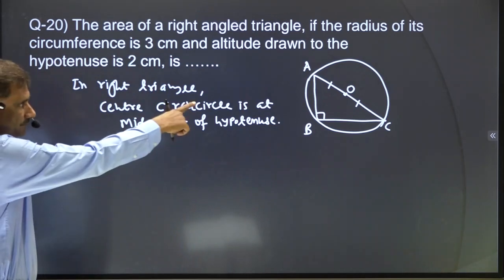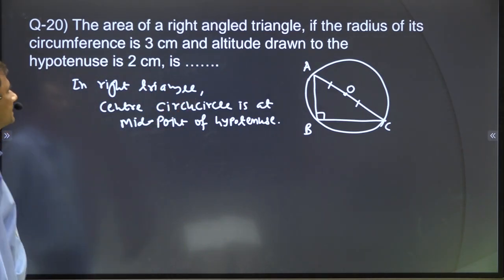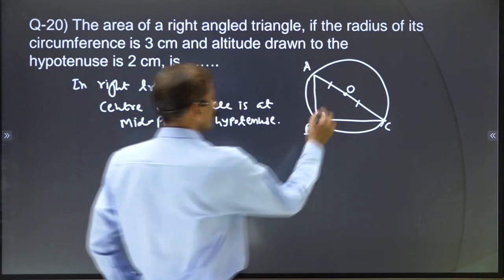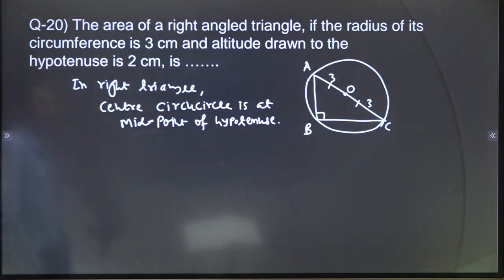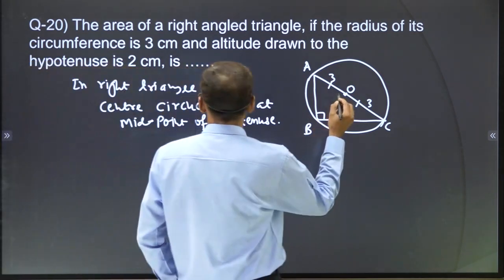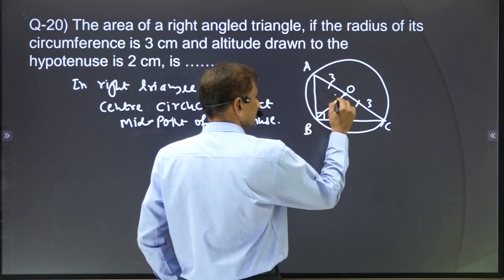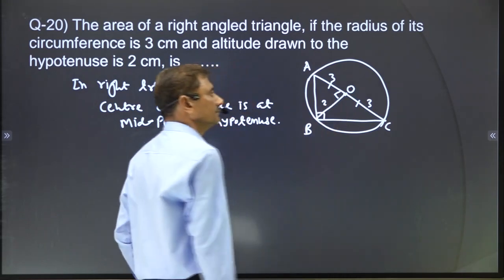Okay, so we place there O. Now what is given? Radius is given 3. So this is 3, this is 3. Altitude drawn to hypotenuse is 2. Hypotenuse altitude here 2.